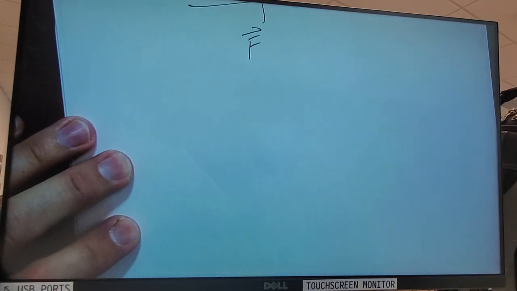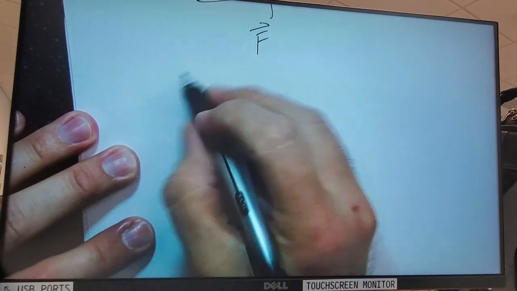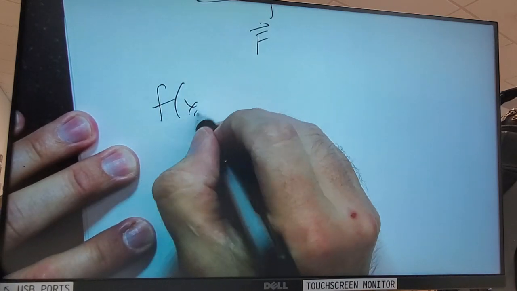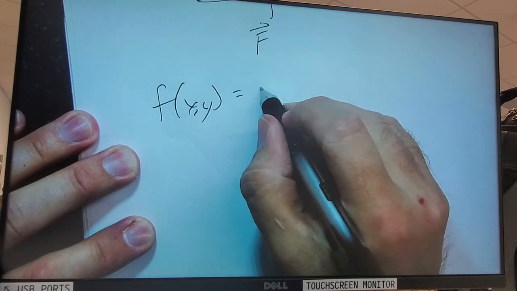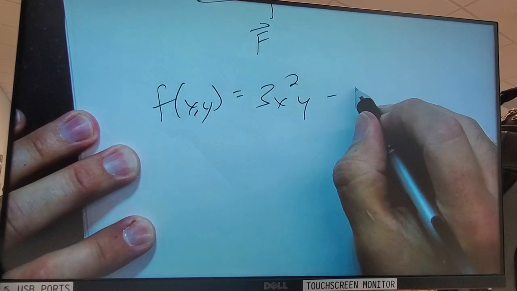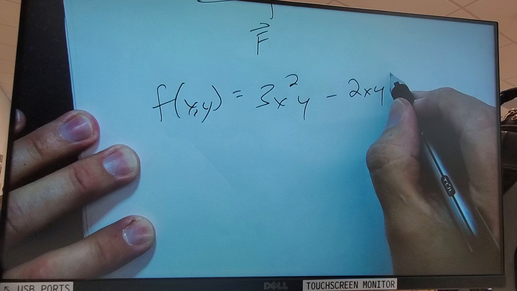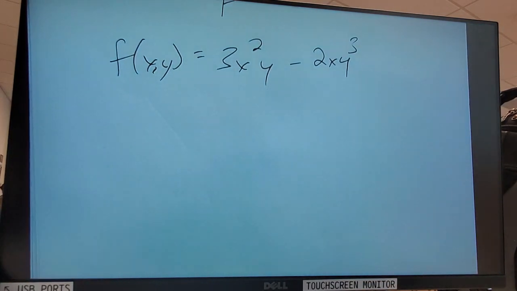And let me see if you guys are cool. Let's go to 2 dimensions. Can you guys take a moment and figure out the gradient of that?